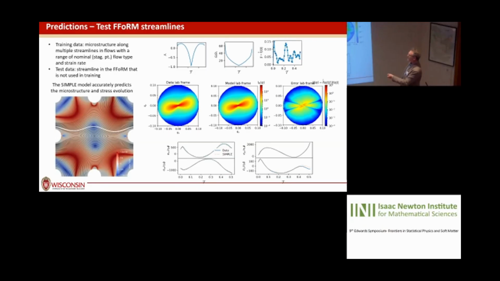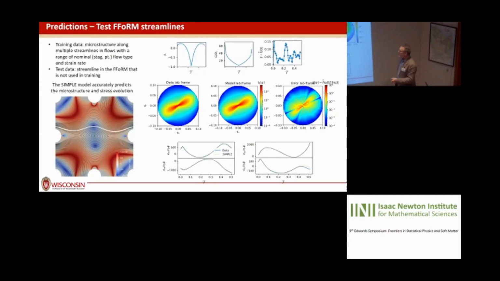So here's the data. This is just the Brownian dynamics. Here's the model that came from our dimension reduction and time evolution pieces. Here we've just subtracted one from the other. You can see that the error, this is on a different scale than this. So the maximum relative error here is about 10%. The ensemble average relative error is generally just a few percent.